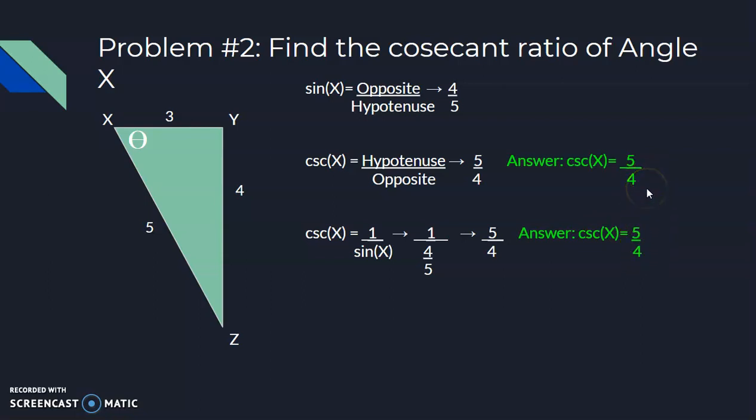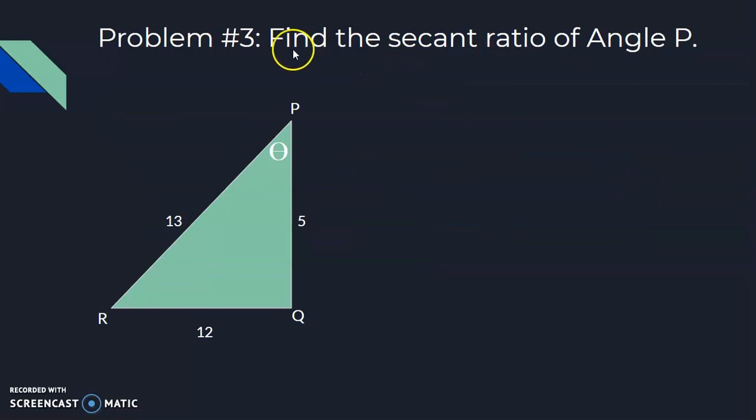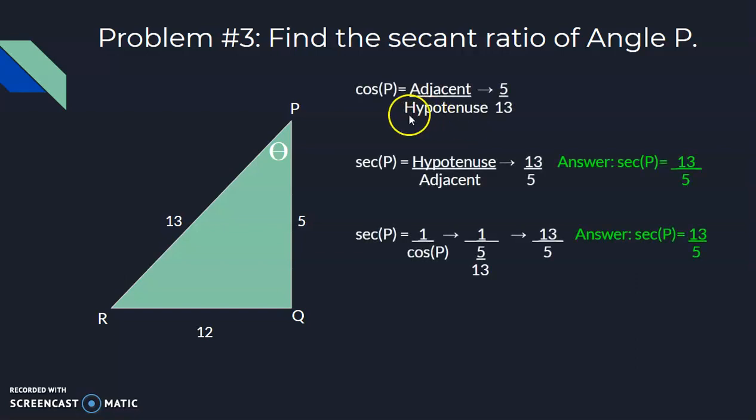So for problem number 3, I had to find the secant ratio of angle P. So I know the secant has a relationship with cosine. So what I did was find the cosine of P, which is adjacent over hypotenuse. I know my adjacent of angle P is 5 because the opposite of angle P is 12, and I cannot use that because I'm looking for cosine.